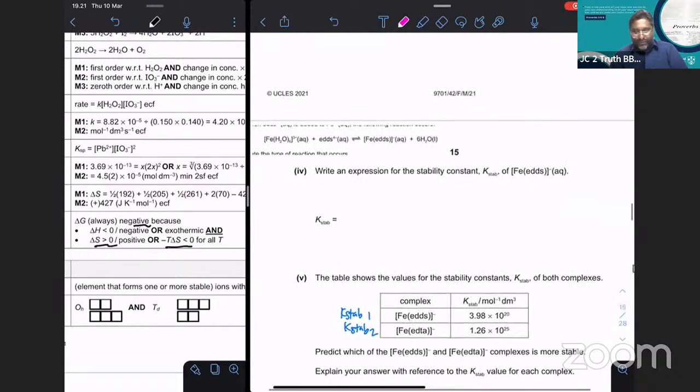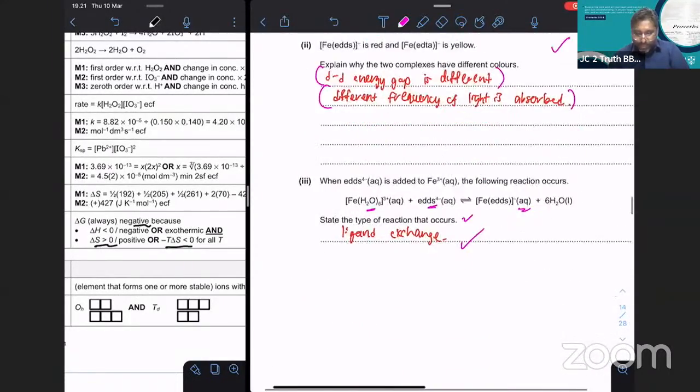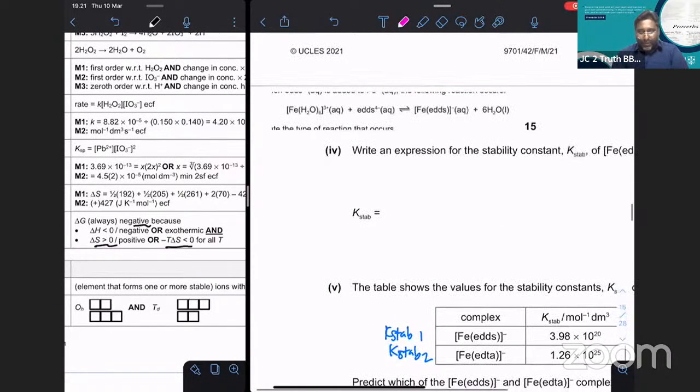Write the expression for the stability constant of this. So I took the equation that they have given earlier and brought it over here. When you write the stability constant, make sure you do not include the water. Water is going to be constant, similar to how we don't include solid.